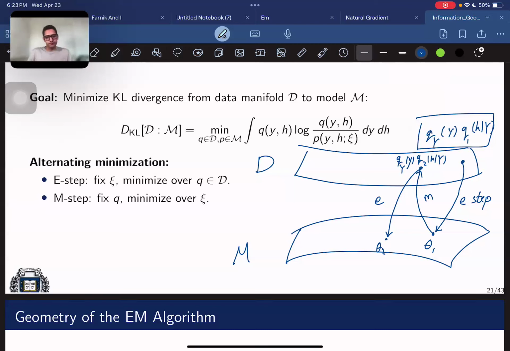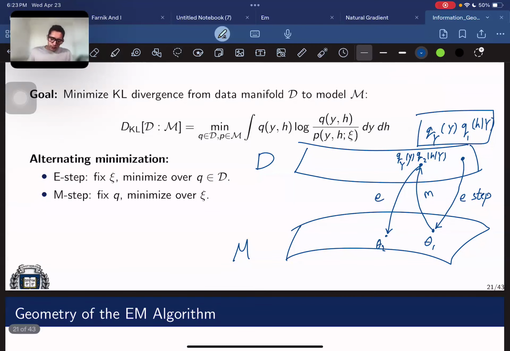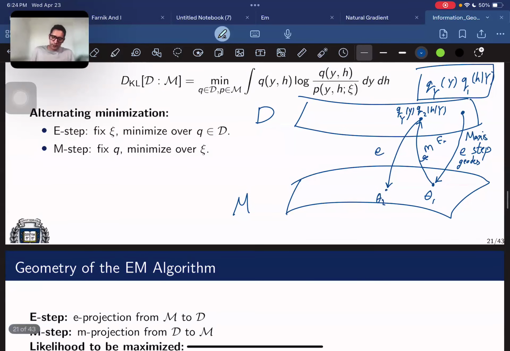Maybe, yes, this is the E geodesic. This is the M geodesic. Of course, this is maximization. And this is estimation. Yes, the ES step and the M step are walking through the M geodesic and the E geodesic respectively.